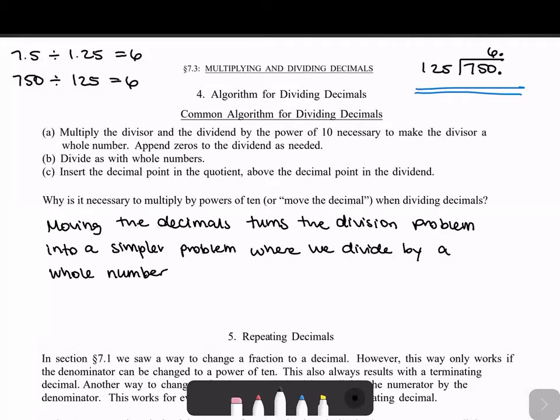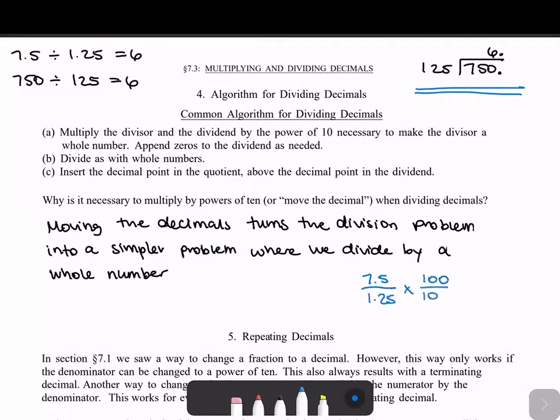And you can see that this algorithm does indeed make logical sense, because if we were to denote that division problem, 7.5 and 1.25, as a fraction, it would look like 7.5 over 1.25. And then we would just multiply these by 100 on top and bottom whenever we move the decimal place.